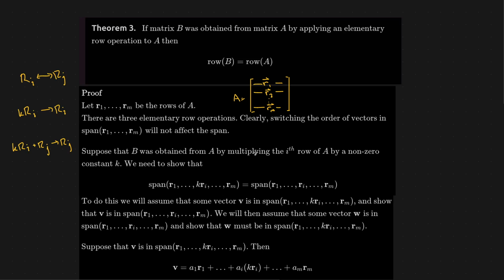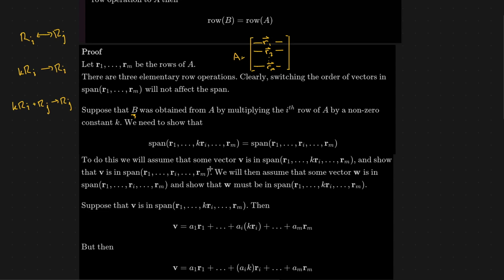But it's still all linear combinations of the same set of vectors. So the span won't be affected. So the row space will stay the same, right? Because it's the span of the same set of vectors. And the row space is just the span of all of the row vectors in the matrix.